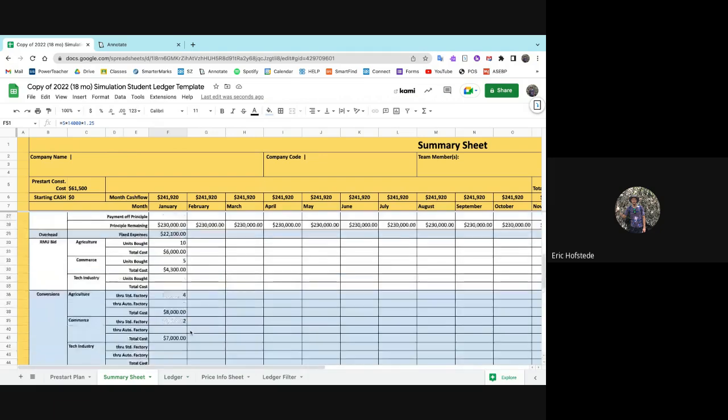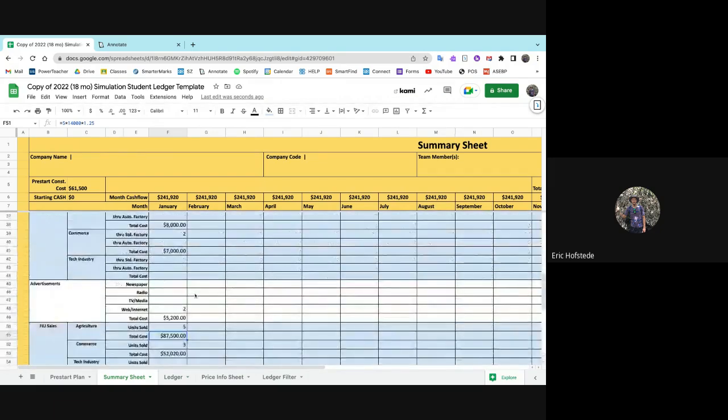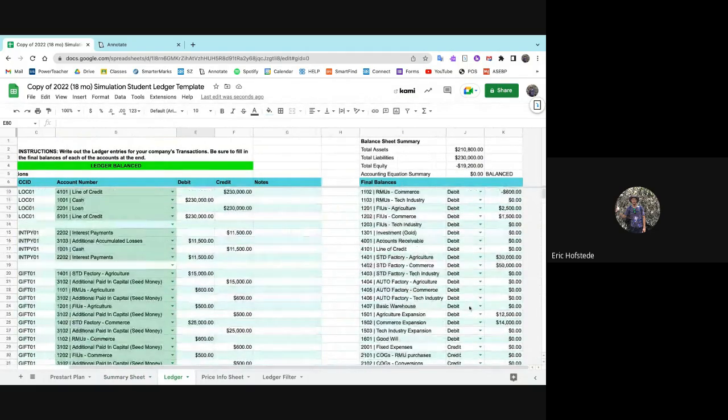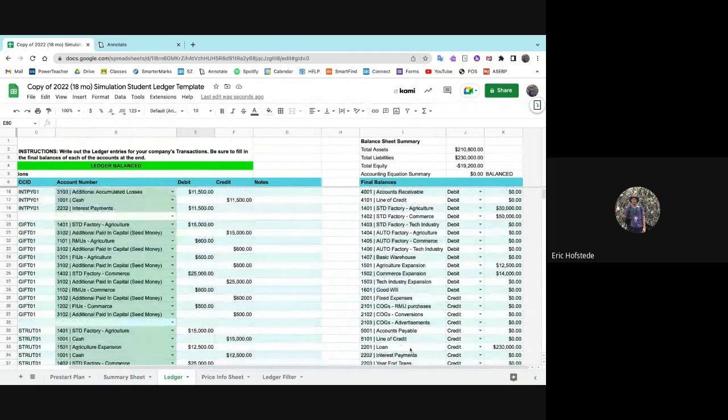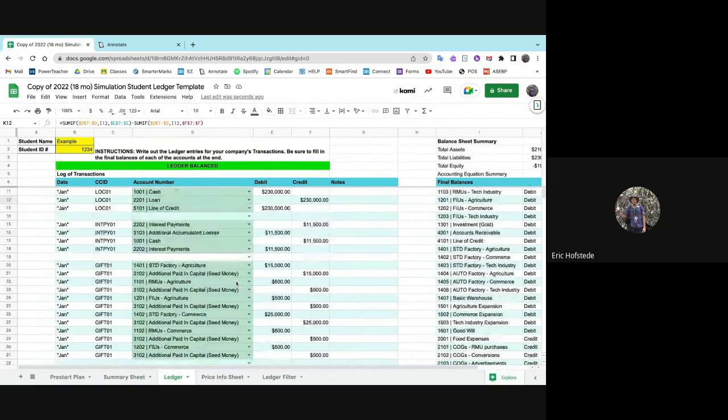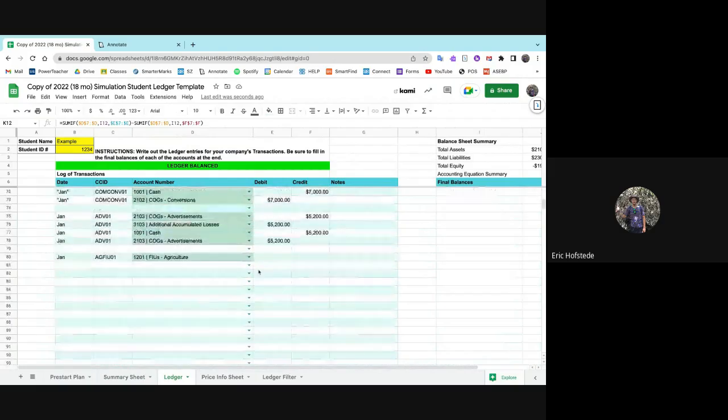Did I only have 5? Yeah, because I had 1 left over and I made 4. So I got rid of all 5 of these. If you don't want to do the math, you can actually go and look up here and see how many FIUs of agriculture I have. 2,500. If you don't want to scroll all the way up, you can also just do a quick 5 times 500, 2,500.